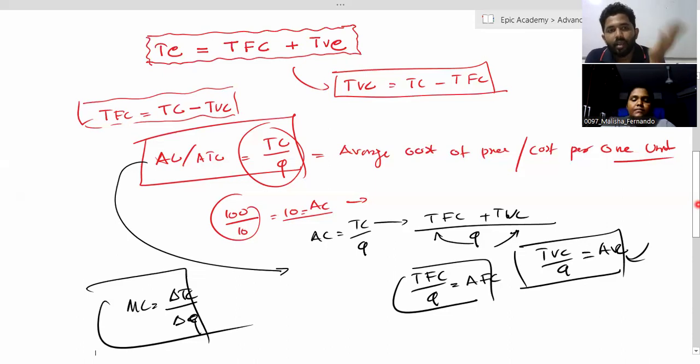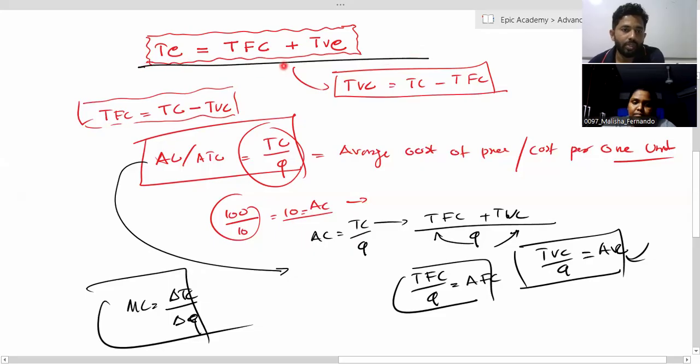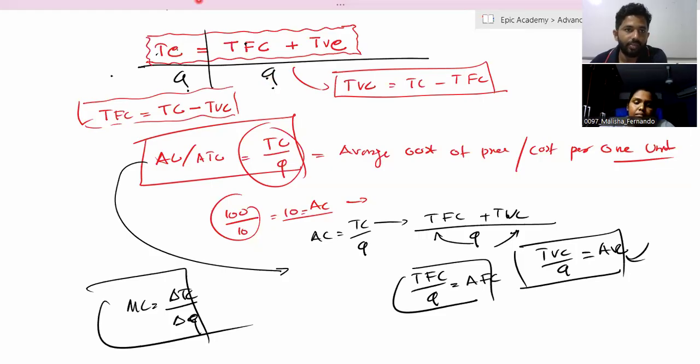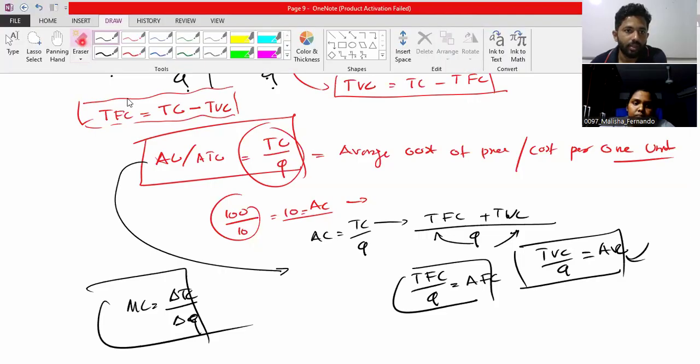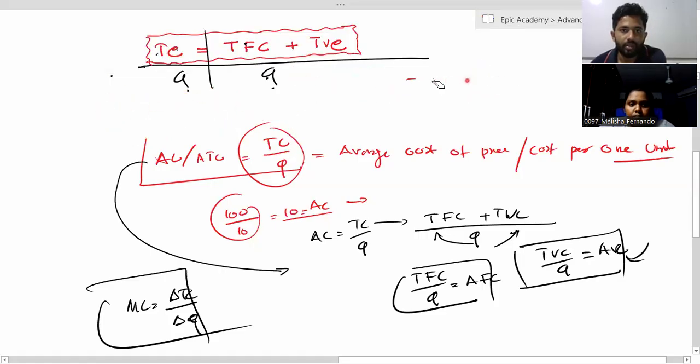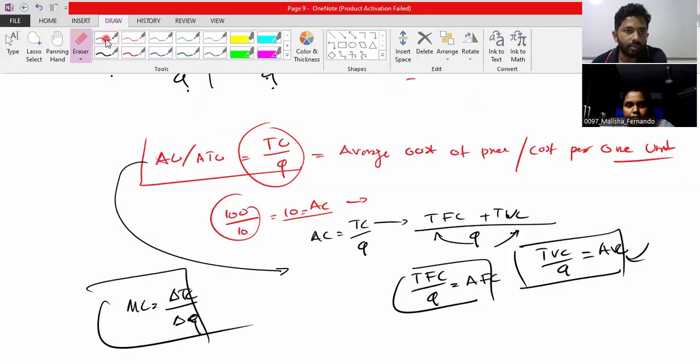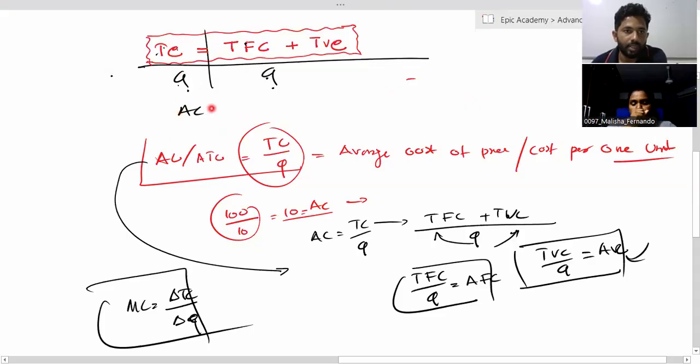If you divide both parts by Q, TC divided by Q becomes AC, TFC divided by Q becomes AFC, and TVC divided by Q becomes AVC. Very easy to identify, okay?